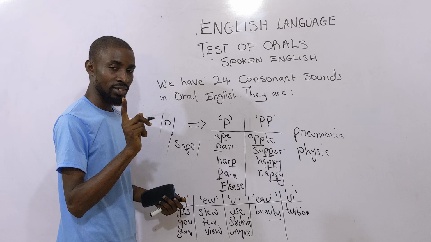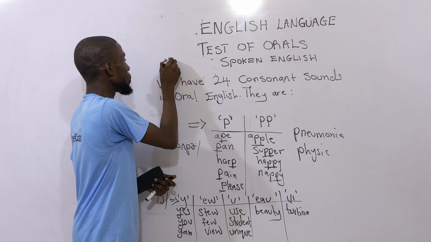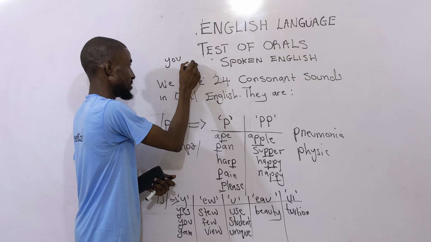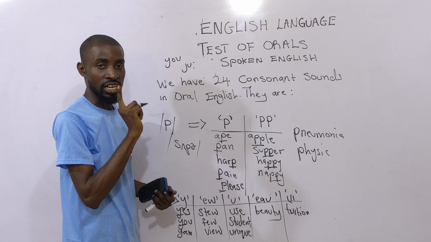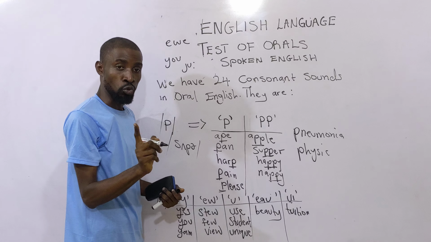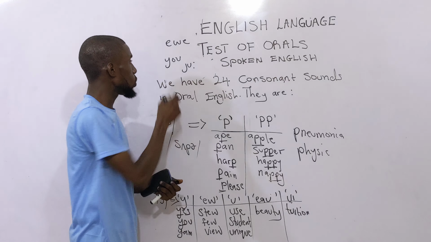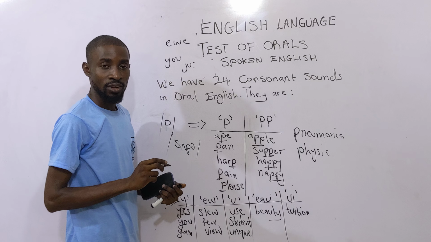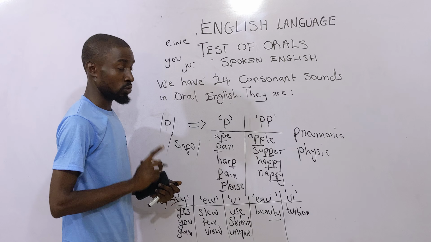Don't forget, there is that thing I want to let you know. You see this word here. By the time you want to transcribe like this, then there is another word that looks like this. Only in transcription, but you wouldn't know. I'll let you know now. And that's this word. If you ask some people to pronounce this word, they will call it ewe, which is very wrong. This word is still pronounced as you, and it has the same transcription and pronunciation.